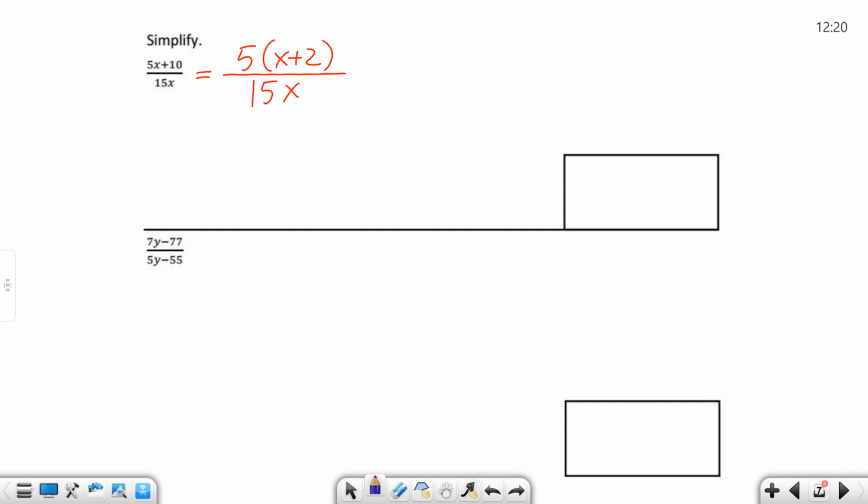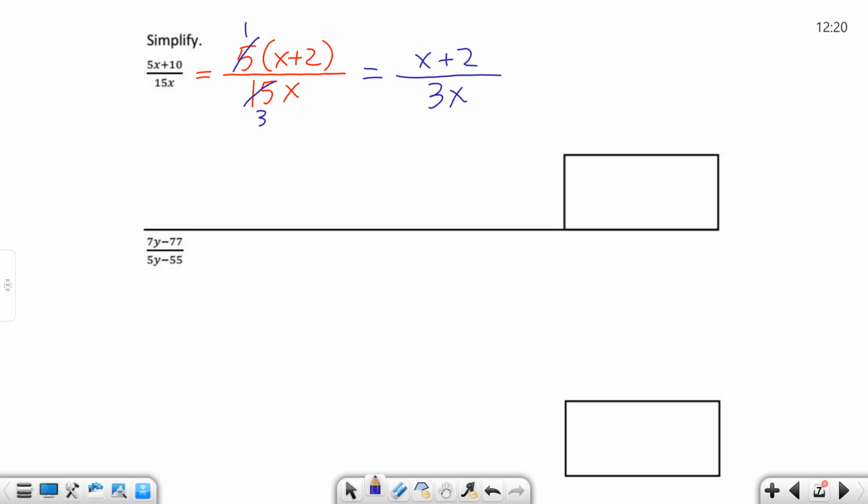But it still has one overall term because it's factored, it's multiplied. So now this 5 and this 15, because this is also one term, right? What separates terms? Pluses or minuses. So because it's one term over one term, I can now cross my 5 and 15 out because they have a common factor of 5, 1 and 3. So this is going to become what? x plus 2. And if you leave it in parentheses, that's okay. It's overkill here, but you can.